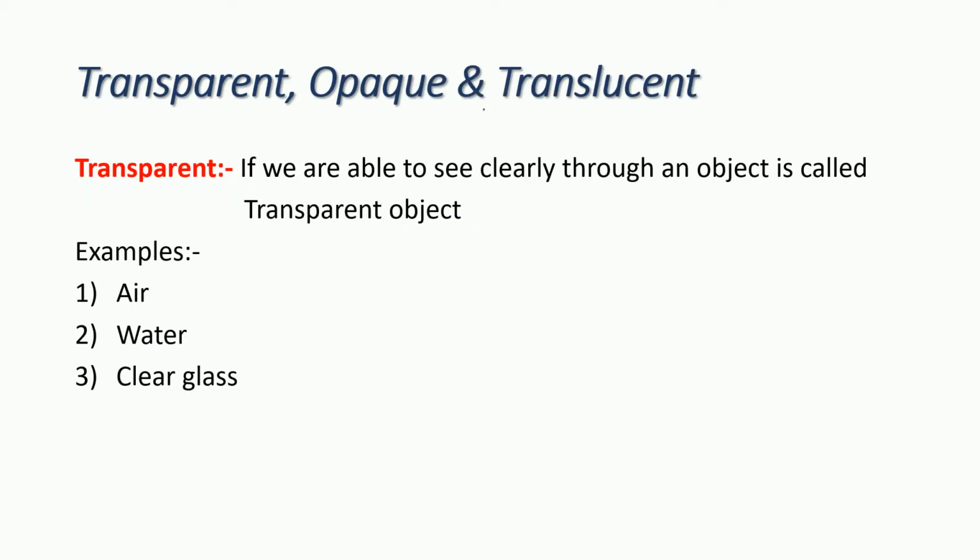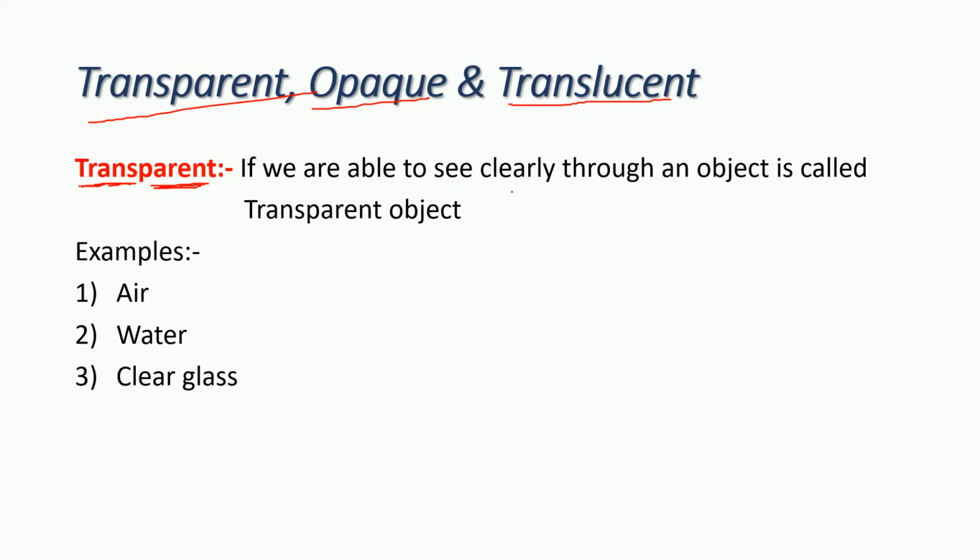Coming to this, in this chapter we need to discuss transparent, opaque and translucent bodies. First, we will see what transparent is. The name itself says it.